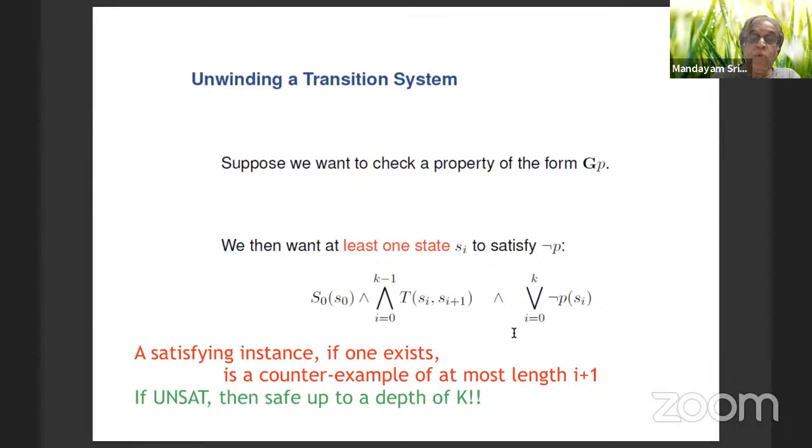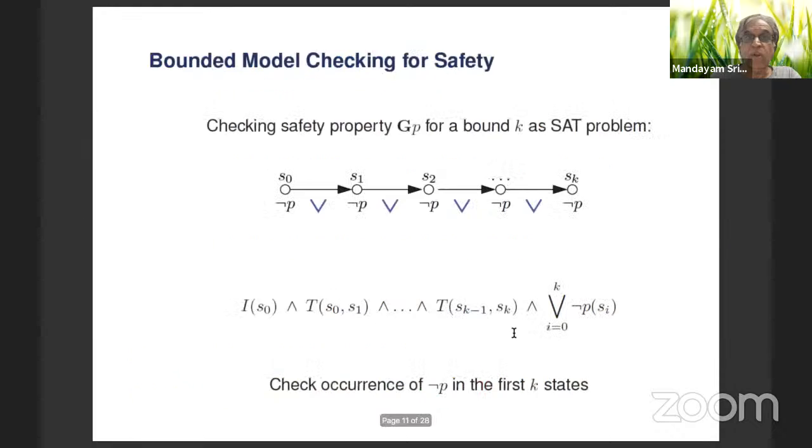Now you could do this in an incremental way for increasing lengths, so maybe you will do it up to some bound. So that is the idea behind bounded model checking.